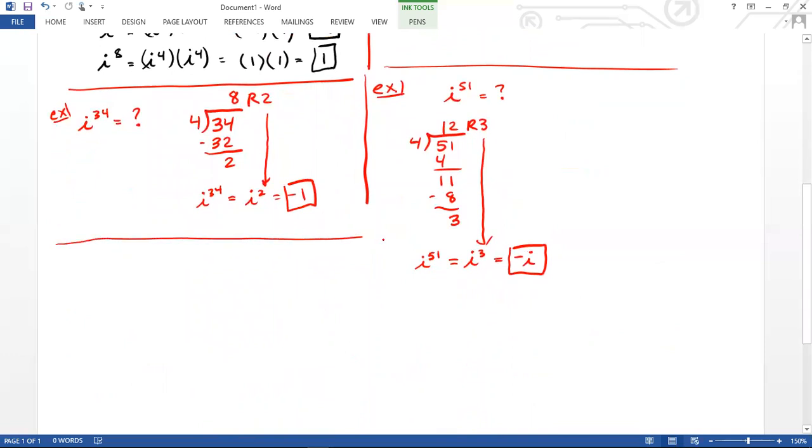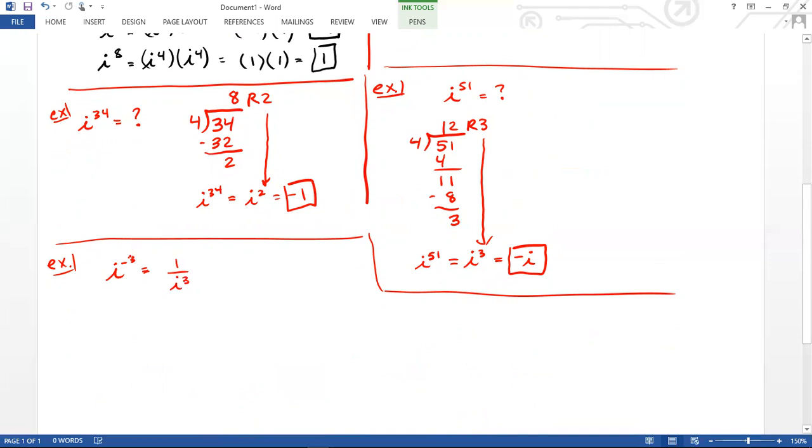I don't think there's any negatives in this assignment, but I'll show you a trick real fast. Just as an example, I don't think they'll give you this, but let's say they give you i to the negative 3. That's the same as 1 over i to the third.